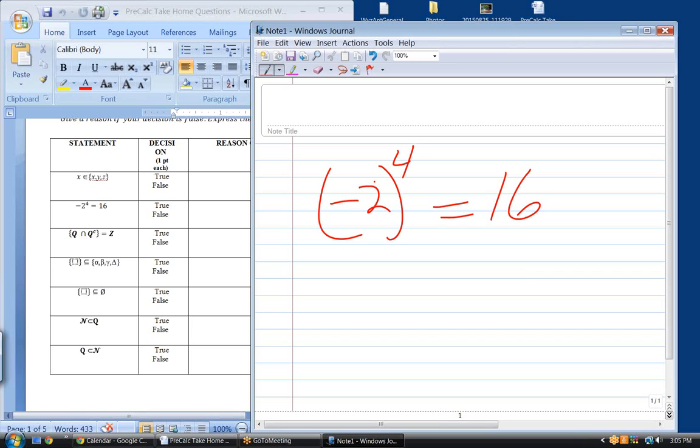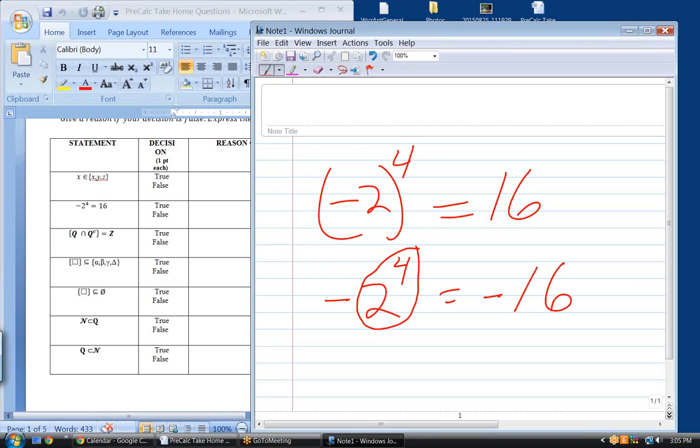Because you would take whatever's in the parentheses to the 4th power. And if you took -2 times itself 4 times, you would get a positive 16. But when it's stated like this, without parentheses, then the 4 only applies to the 2, and so that actually becomes -16. So the parentheses are paramount.